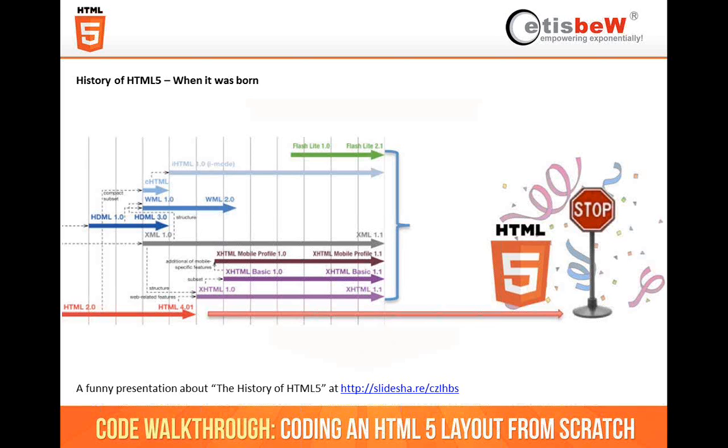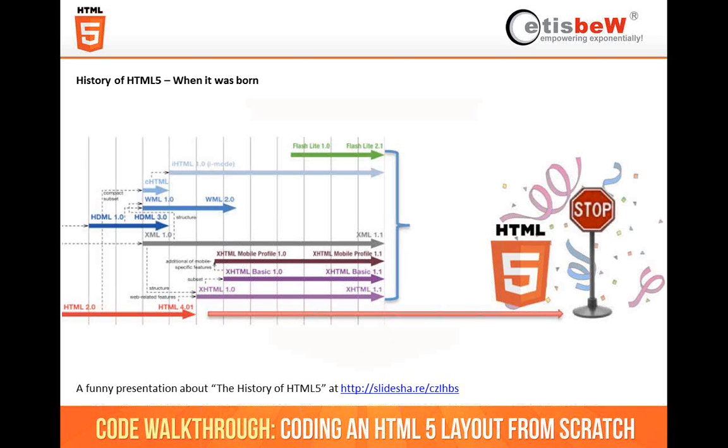This was the statement given by the WHATWG group in the meeting, that many of the new tags are still in development, and in 2012 they would complete and release HTML5 under the W3C group, where the browsers have to perfectly maintain their standards. At the bottom you can also see a funny representation of the history of HTML5. Let's go to the next slide.